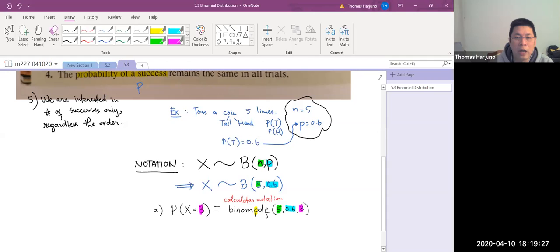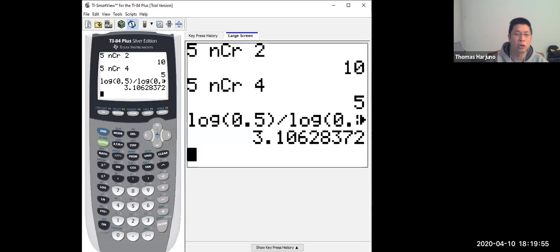Now, how do you punch this into your calculator? Let's have a calculator view. This is my calculator view. To find binomcdf, please follow me with your calculator.